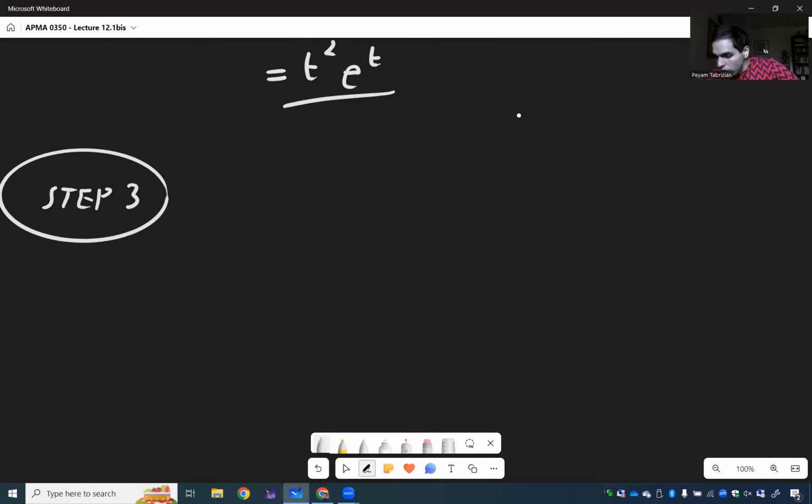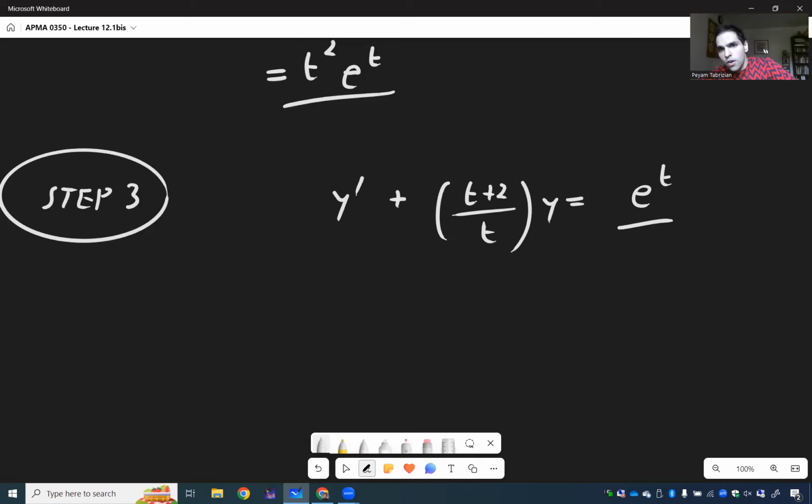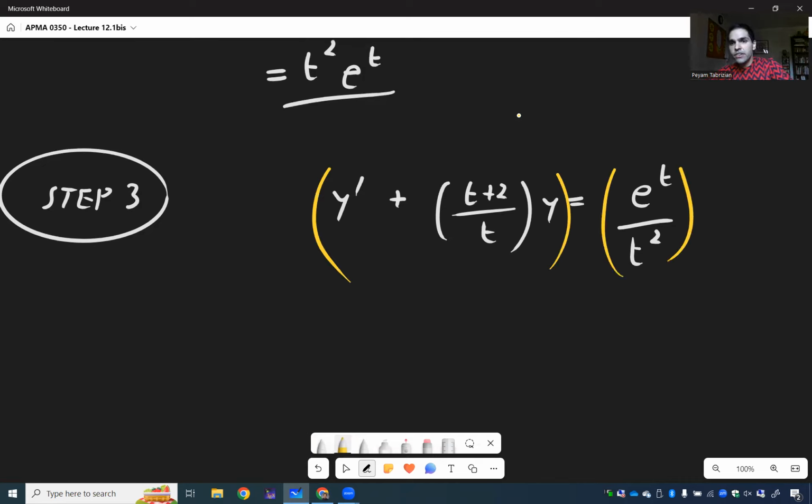So start with y prime plus (t plus 2) over t y equals e to the t over t squared, and multiply both sides by the integrating factor, so t squared e to the t. And again, for the left-hand side, you don't even need to do a calculation.